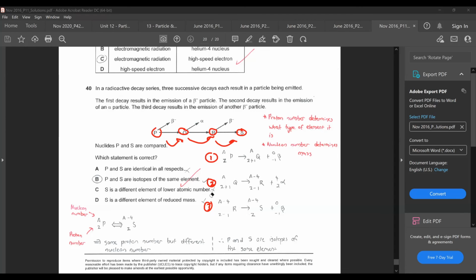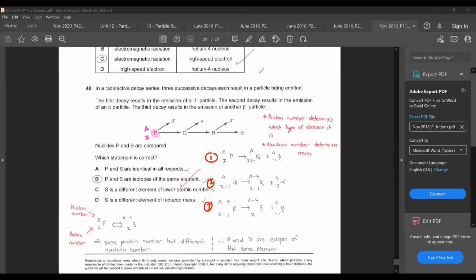Also, because your particles didn't have a nucleon number and proton number attached to them, I just assume that P has nucleon number A, proton number Z.